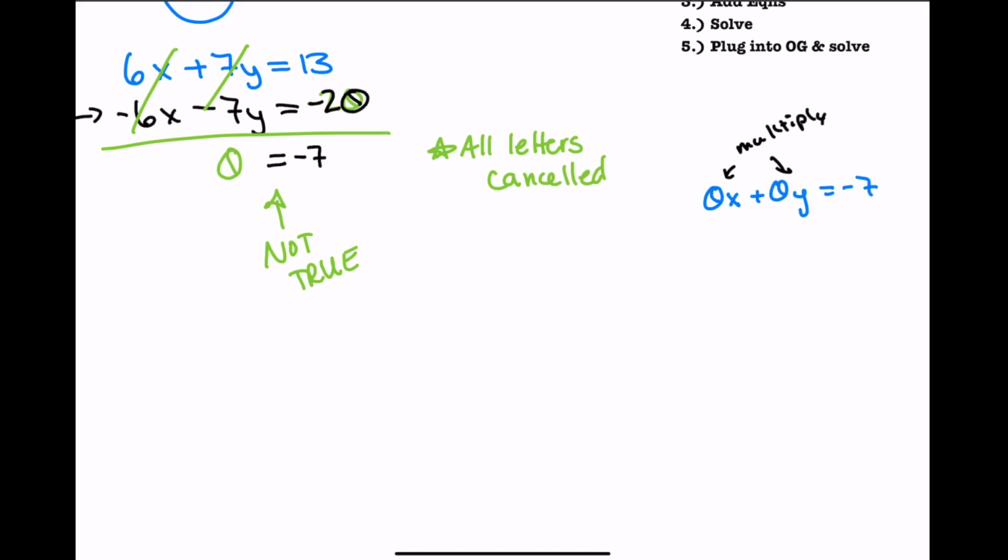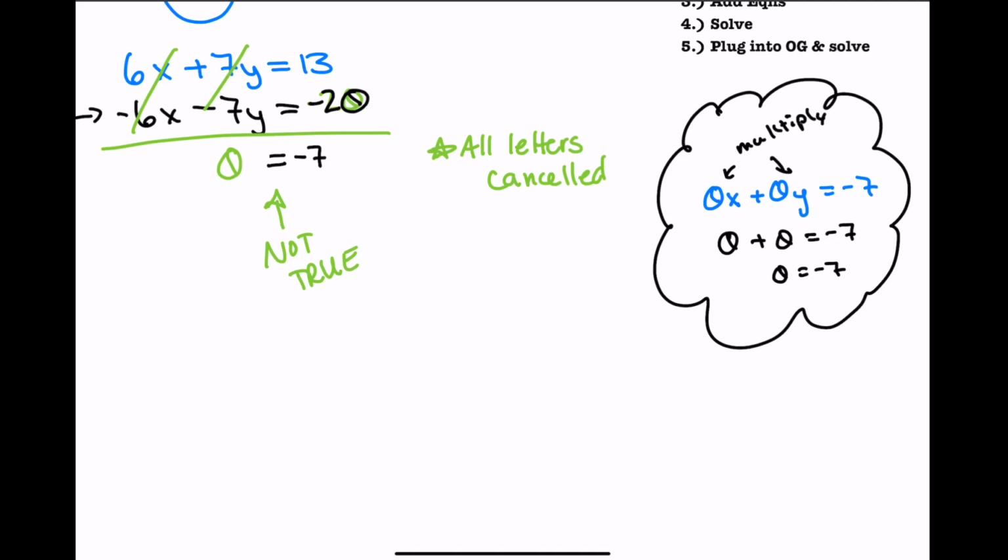So really, 0 times anything with 0 plus 0 equals -7, which gives you 0 still equals -7. Okay? So just be careful about that. This is important to understand in case you do your math with your calculator and write 0x. Okay? 0 times x is going to be a 0. It don't matter if that x is 100 million or if it's 2.